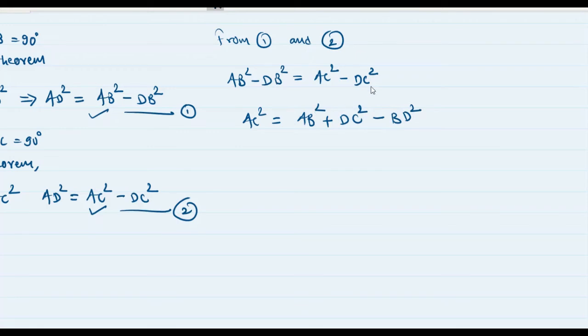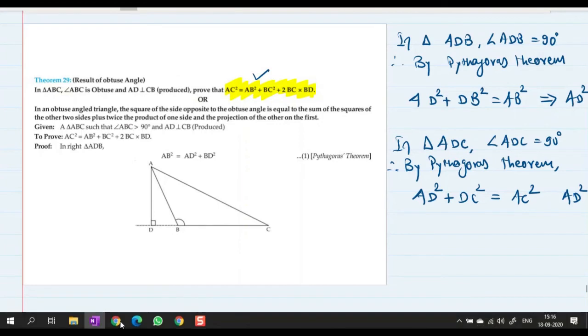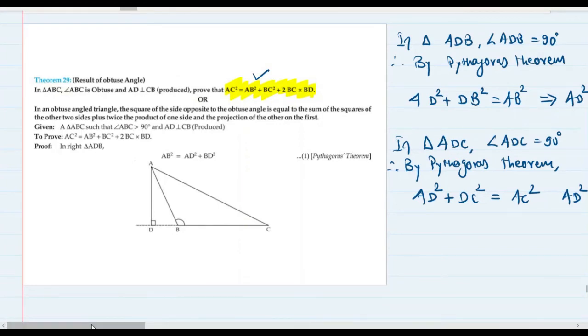Now again I'm going to ask you, what is missing over here? BC square is missing, so we need to do something about that BC square.